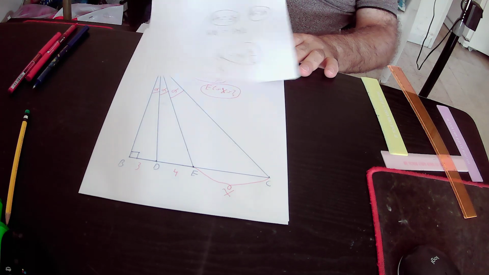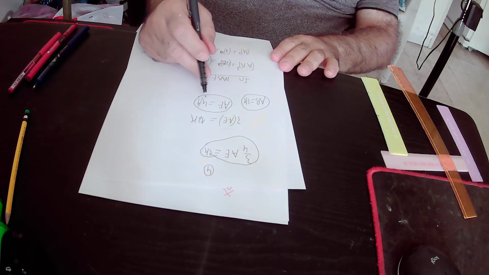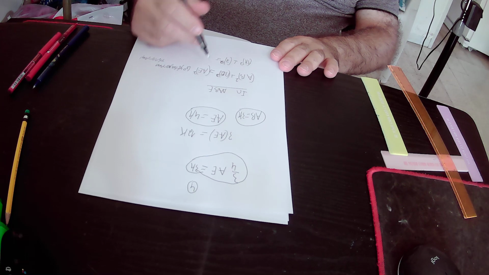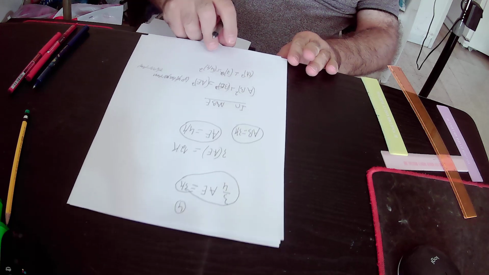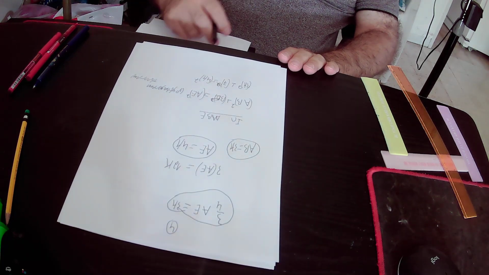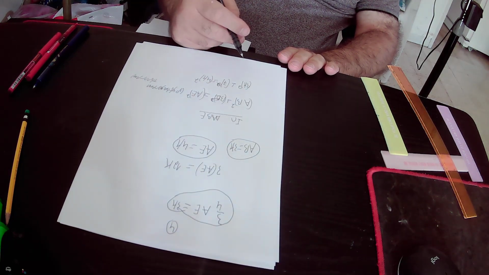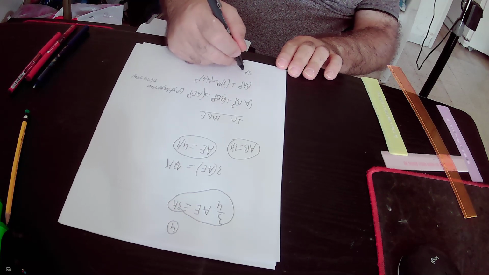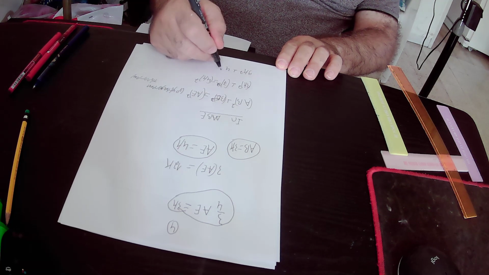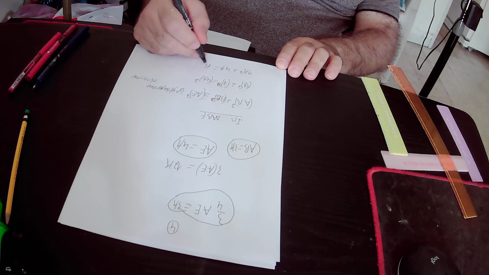We have already found out that AE equals to 4K. So AE square is 4K square. So here 3K square is 9K square plus 7 square is 49. It equals to 16K square.